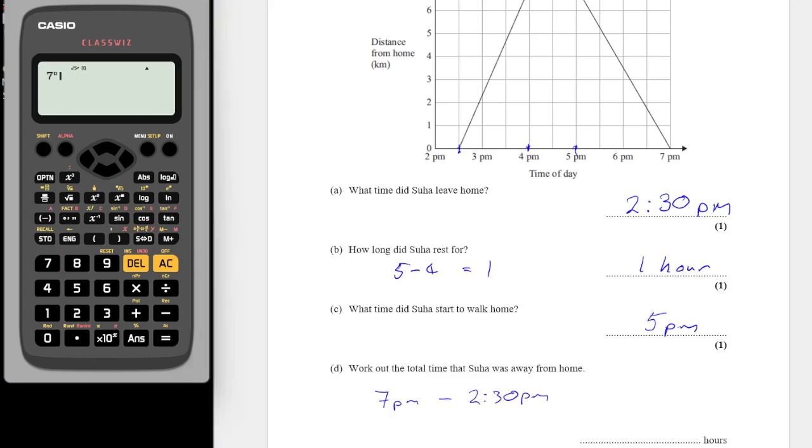So 7 hours and 0 minutes take away 2 hours and 30 minutes. That gives us 4 hours and 30 minutes. So 4.5 hours. So we can actually even get that as a mixed fraction, 4.5 hours.